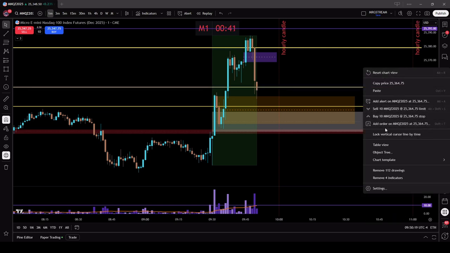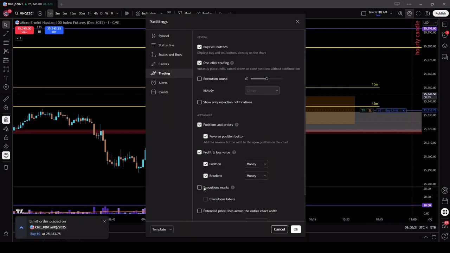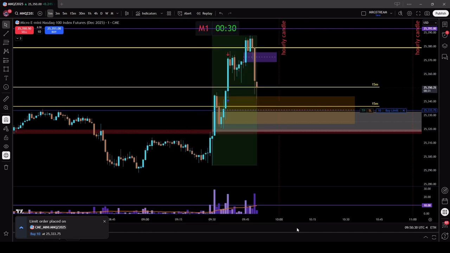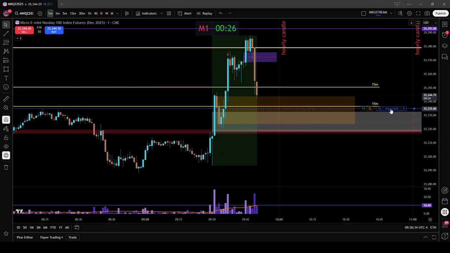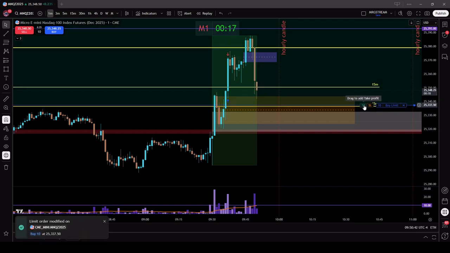And this is where I realize I don't have any of my executions and things on. I want to take a long if price comes down into this area. That orange bar that I put in there is for my order blocks.